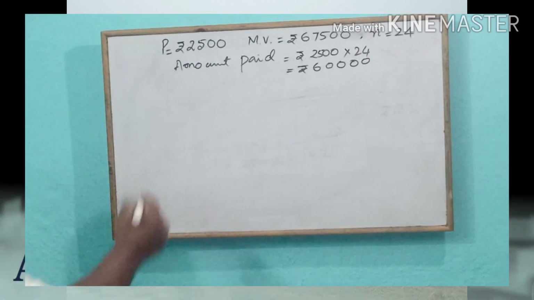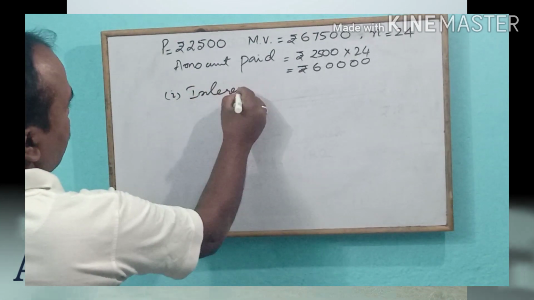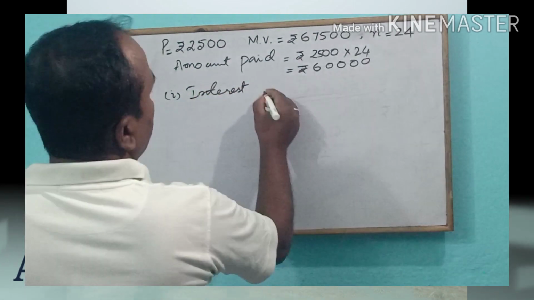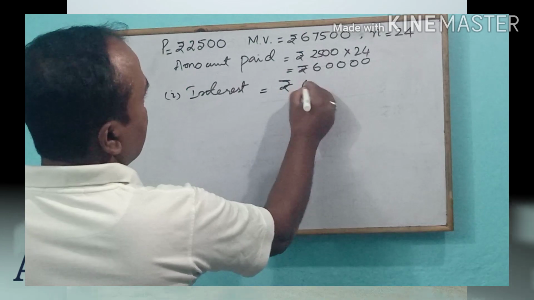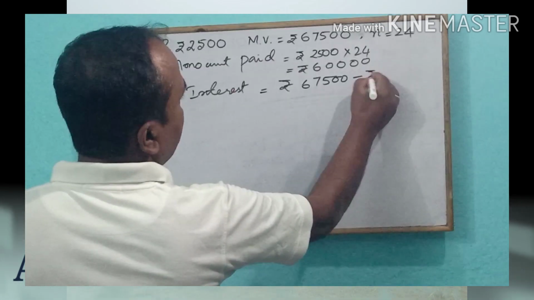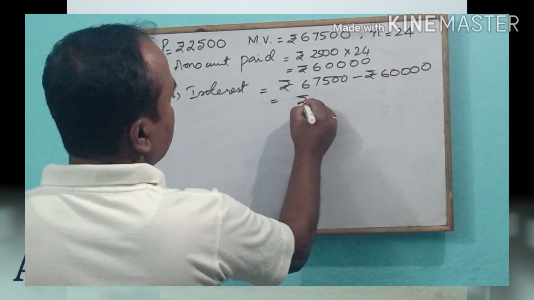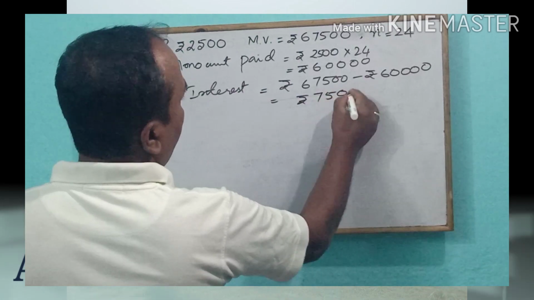So interest, so first part was interest, that will be rupees 67,500 minus rupees 60,000, that is rupees 7,500.